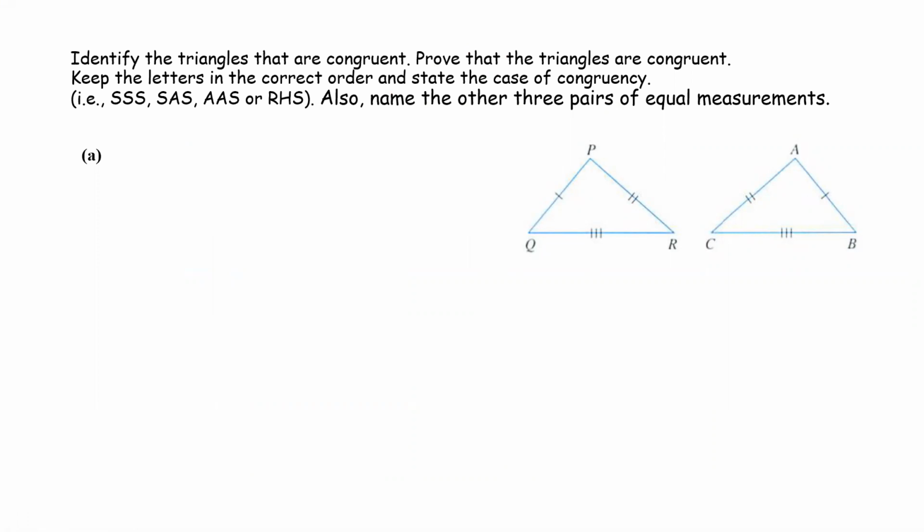There are these four properties that are used to prove whether two triangles are congruent or not. That is the side side side test, or side side side property. Then side angle side, angle angle side, and this R stands for right angle, then the hypotenuse, and one of the known sides between two triangles.